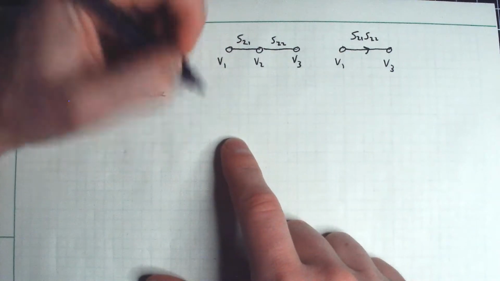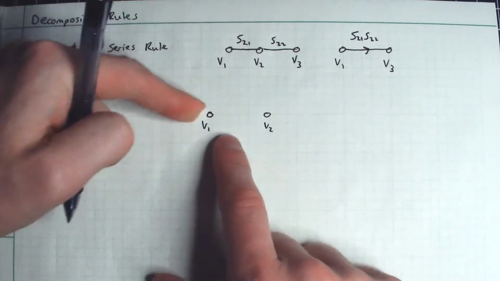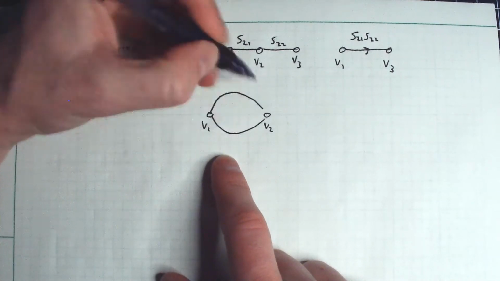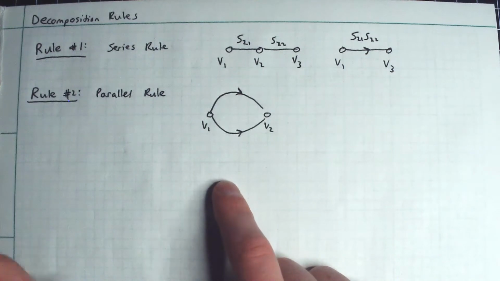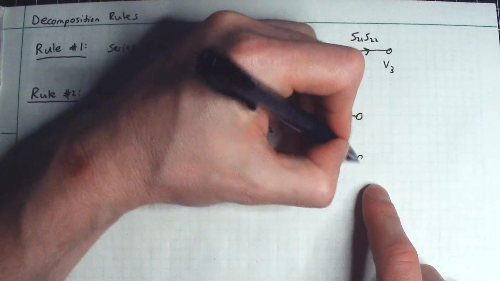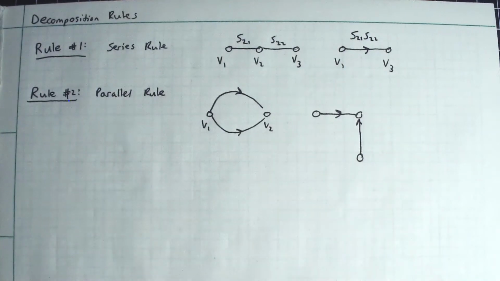You can just start with a node here, V1, and then another node, V2. And instead of one branch feeding it, suppose I have 2 branches just coming together for some reason. Or alternatively, you can imagine a node feeding here, and another node also feeding into it. They're very similar in this sense.